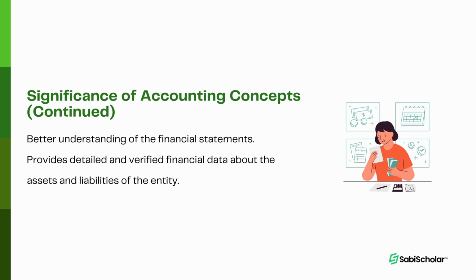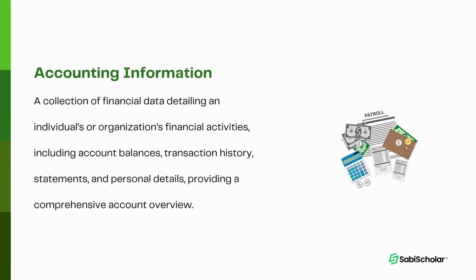This leads us to accounting information. When we say accounting information, what are we talking about? Accounting information refers to the collection of financial data and details related to the financial activities and transactions of an individual or organization. That is a lot of grammar.